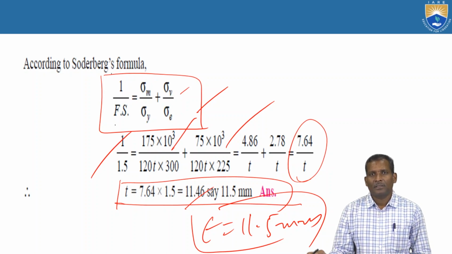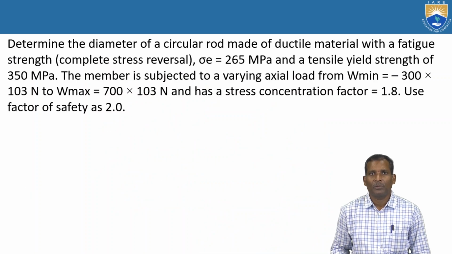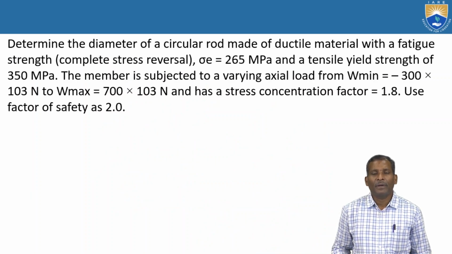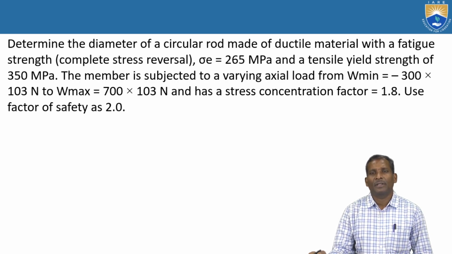So like this, you calculate the combined steady and variable stresses for problems. One more problem we will see. Determine the diameter of a circular rod. Here the given component has a circular cross section.